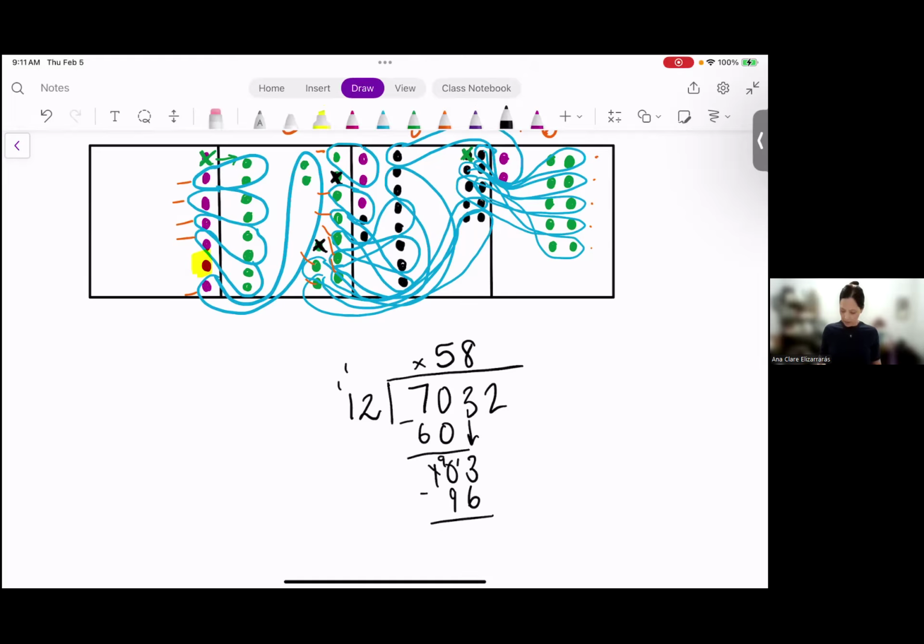And then I subtract. 13 minus 6 is 7. 9 minus 9 is 0.